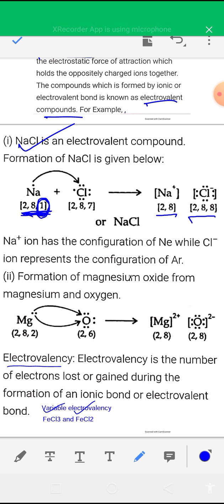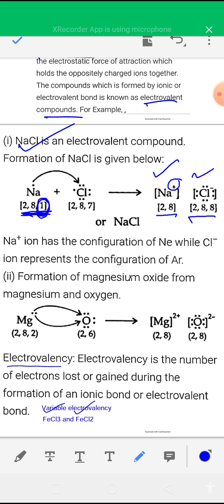So sodium becomes Na+ after losing one electron, and chlorine becomes Cl- after gaining an electron. Na+ attains the electronic configuration of neon, and Cl- has the electronic configuration of argon, 2,8,8.